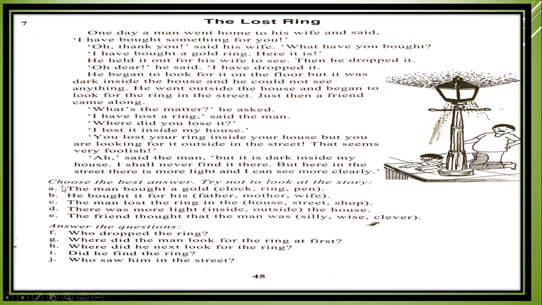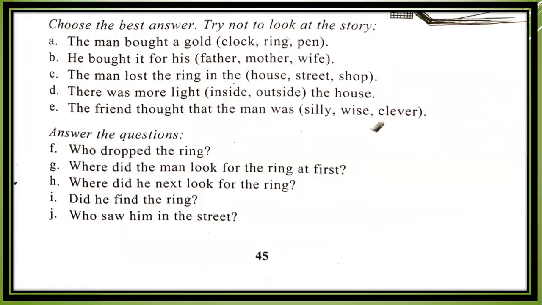Now we have an exercise. Choose the best answer. Try not to look at the story. We will give the answers as the story is very easy and I hope you all remember it. Let's do it with me. The man bought a gold ring. He bought it for his father, mother, or wife.